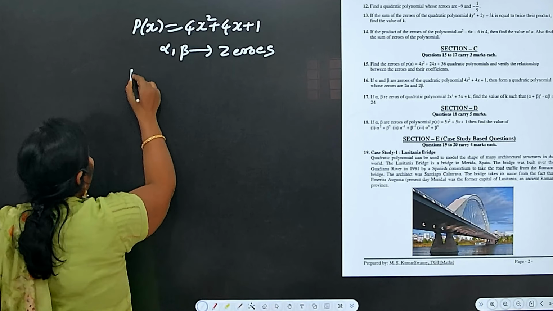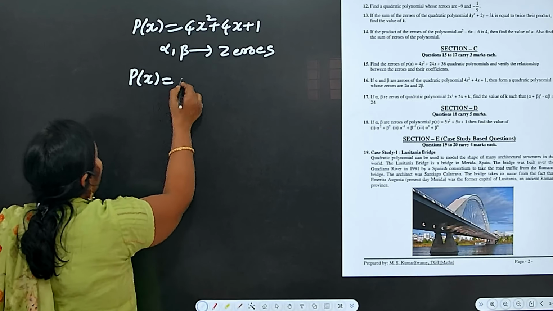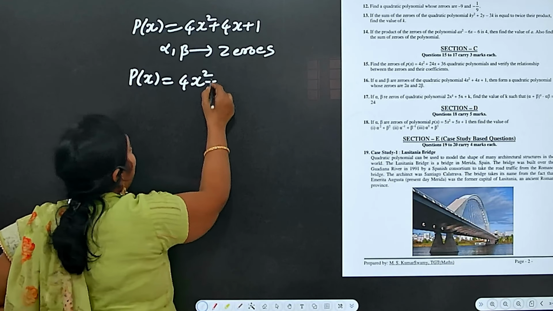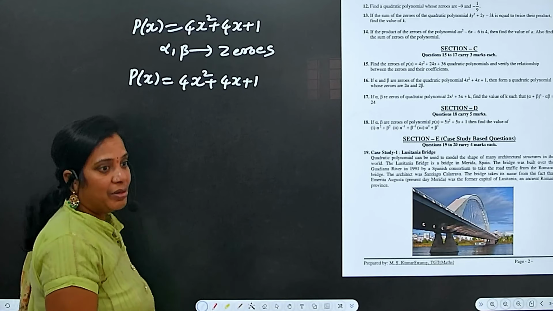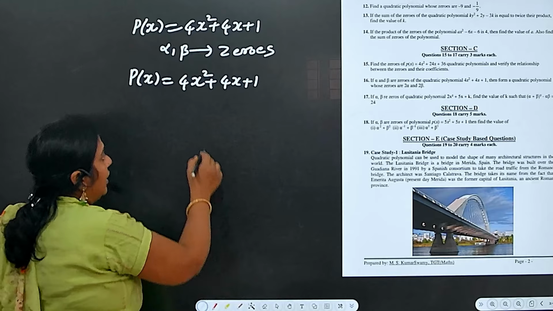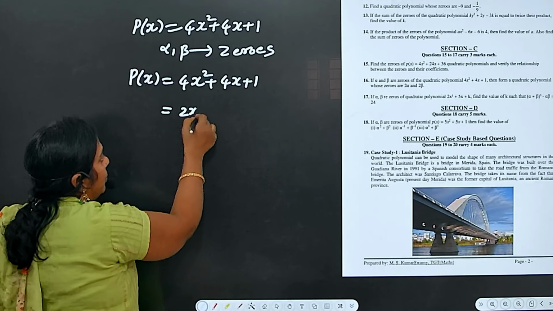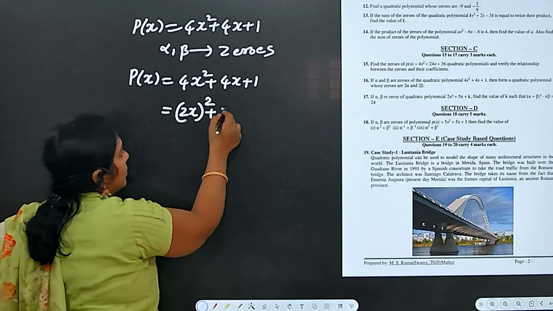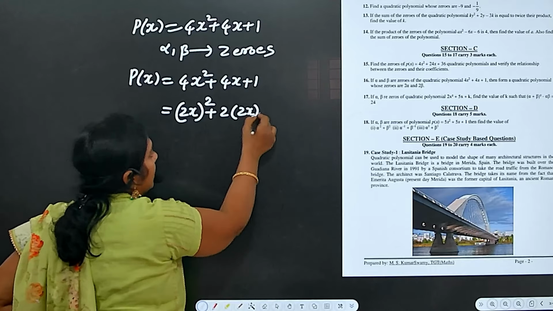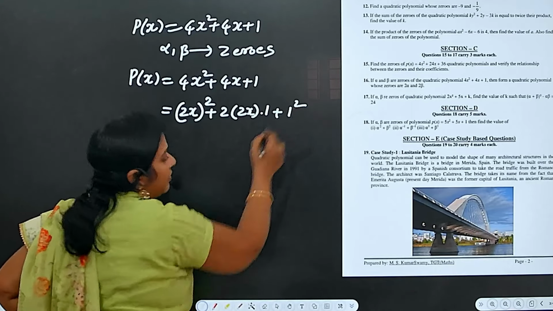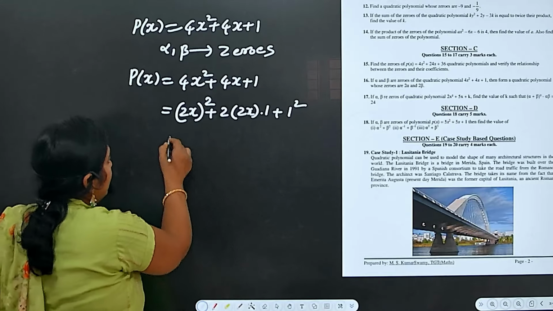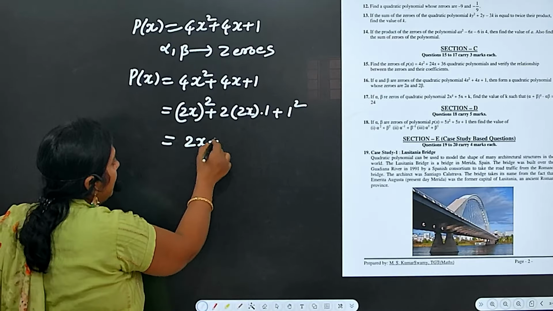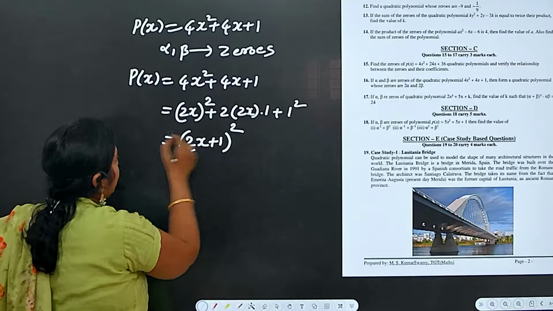Here p of x equal to 4x square plus 4x plus 1, which is in the form of a plus b whole square. It is equal to 2x whole square plus 2 into 2x into 1 plus 1 square. A square plus 2ab plus b square, which is in the form of a plus b whole square.